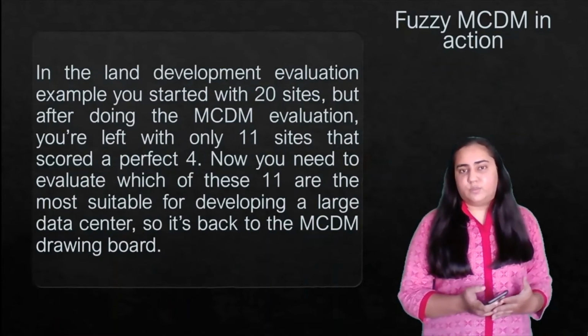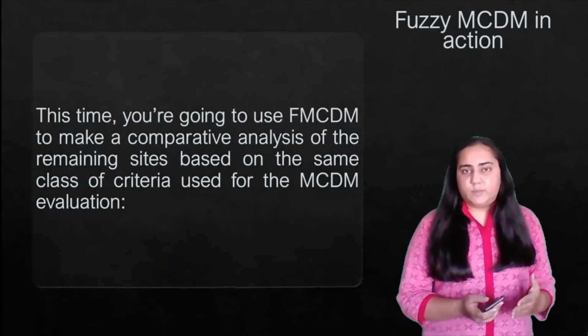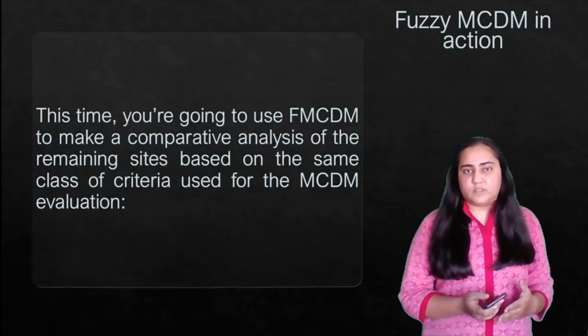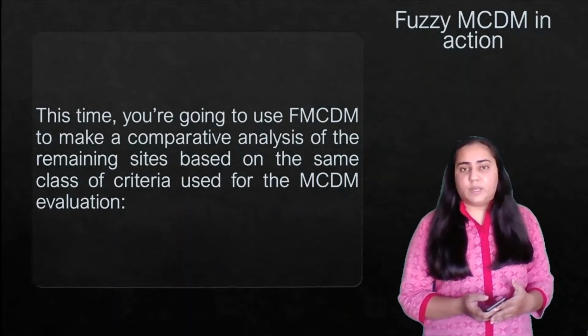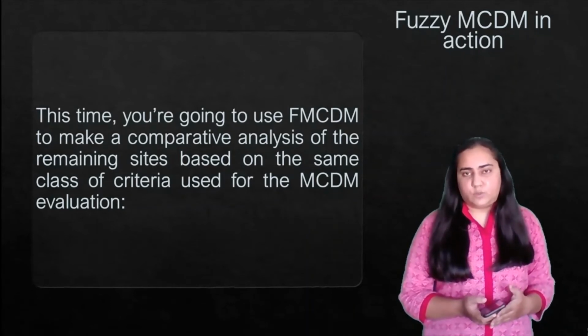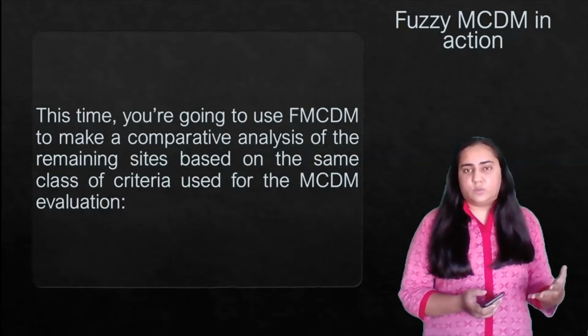So once again, it's back to the MCDM drawing board. So what happens now? This time you're going to use FMCDM to make a comparative analysis of the remaining sites based on the same class of criteria used for MCDM evaluation. So we're going to use the same criteria, but assigning the scores will be done differently.